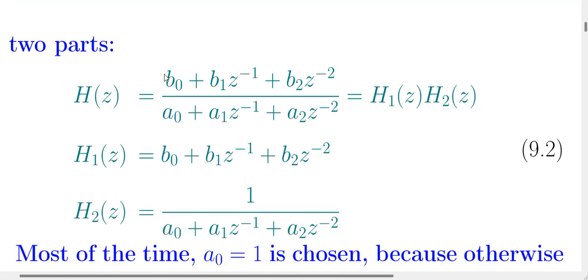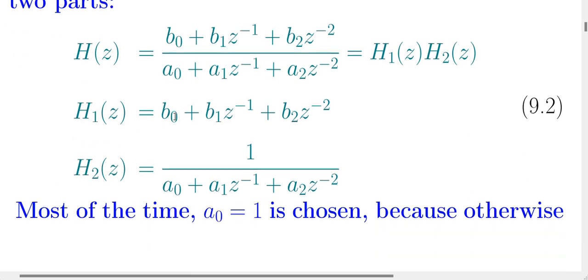H of z, which is equal to B0 plus B1 z minus 1 plus B2 z minus 2 over A0 plus A1 z minus 1 plus A2 z minus 2, is equal to H1 times H2, where H1 is the numerator, B0 plus B1 z minus 1 plus B2 z minus 2, and this next part, H2, is equal to 1 over the denominator, A0 plus A1 z minus 1 plus A2 z minus 2.